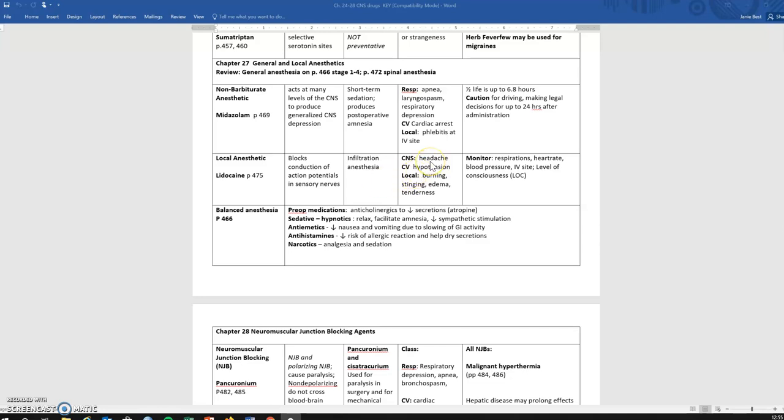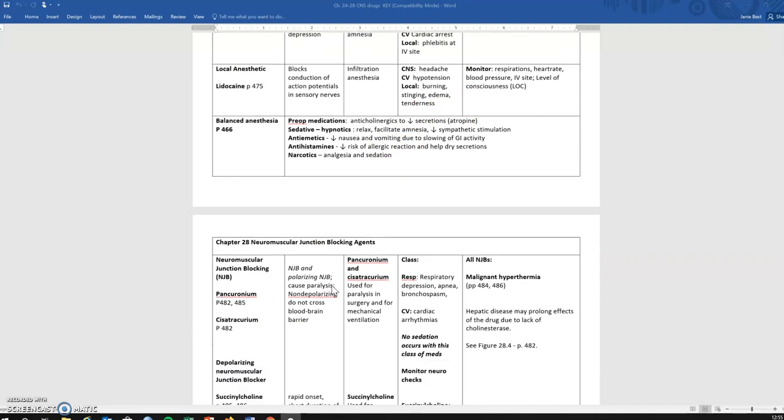Patients tend to have headaches if they're going to have adverse effects, or with a large amount of lidocaine, they may develop some hypotension. Common side effects of receiving lidocaine include burning and stinging at the site. Respirations, heart rate, and blood pressure need to be monitored, as well as the IV site.